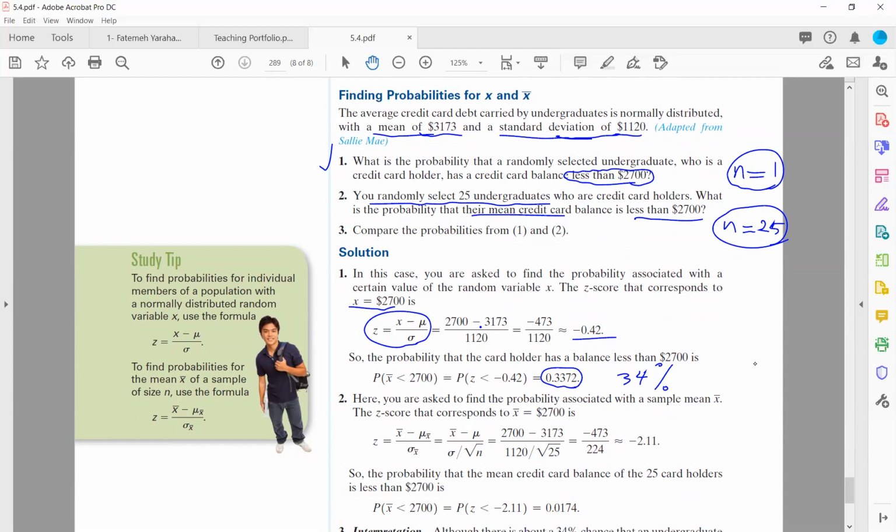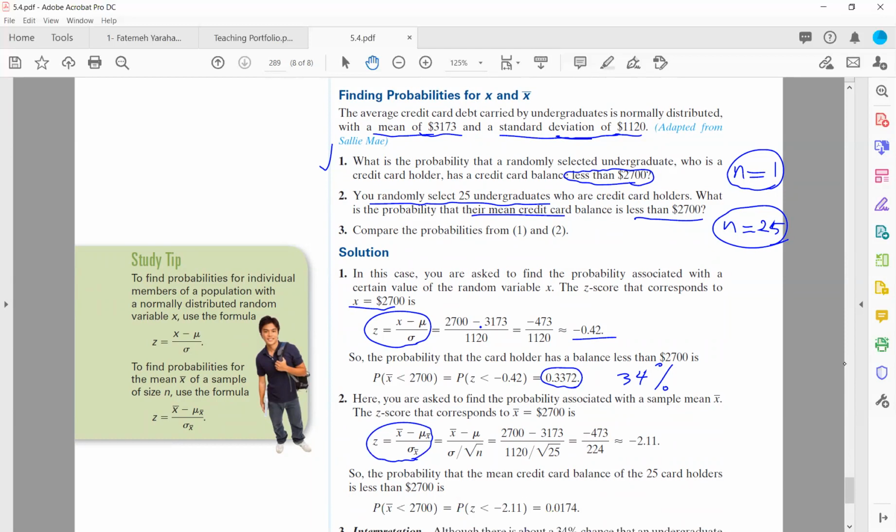X is equal to $2,700. Z is equal to X bar minus the mean of the sampling distribution, divided by the standard deviation of the sampling distribution. Your X bar, 2,700, minus the mean, which is the same as the mean of the population, 3,173, divided by the standard deviation of your sampling distribution of the means, which is not the same as the standard deviation of the population.